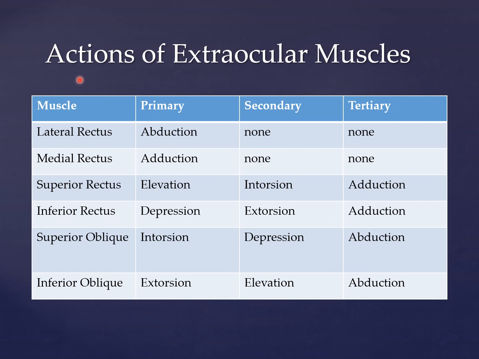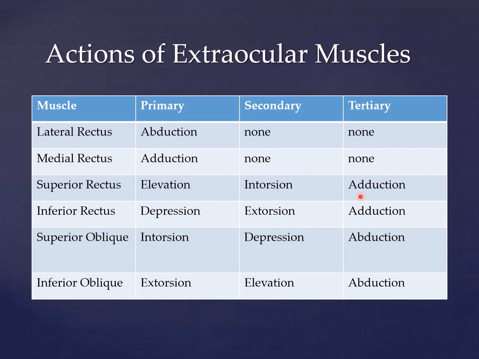This is a quick go-through of the actions of extraocular muscles. The lateral rectus has only the action of abduction. It has no secondary and tertiary actions. Similarly, the medial rectus has only a primary action, which is adduction, and it also doesn't have any secondary and tertiary actions. Superior rectus: the primary function is elevation.